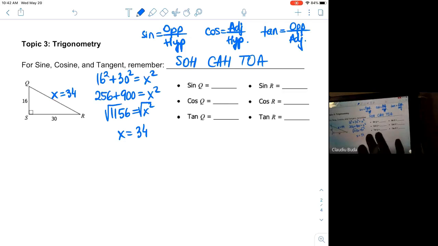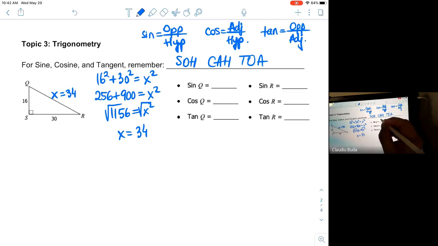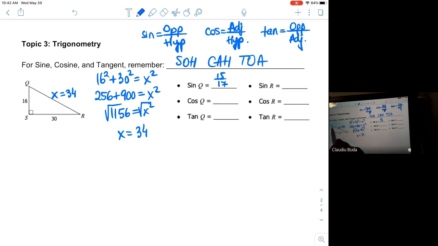Now we have all three sides, and we can find all the trigonometric functions for the given angles. So sine of q, this is angle q right here, is opposite over hypotenuse, that is 30 over 34, which simplifies to 15 over 17.